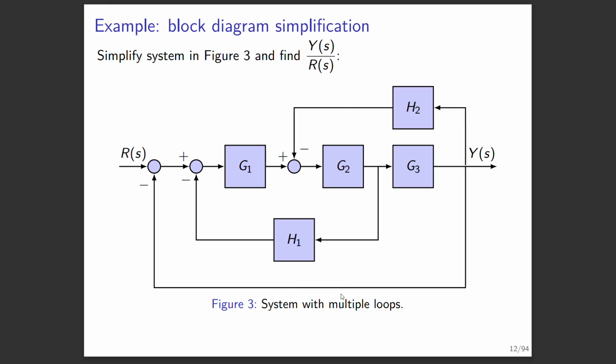So that's another way of simplifying. Somebody else might say, well, actually I want to move G1 here and then combine these summation points. That would be great. I'm going to have 1, 2, 3 summation points. They all would be combined and then a bunch of signals would go in.